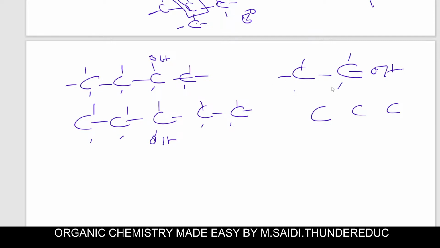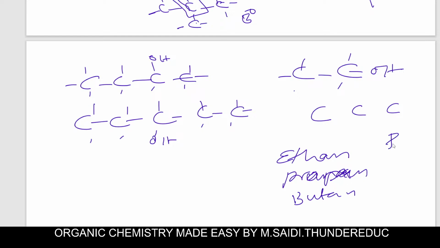We don't need to show the position. Don't waste time. It is eth. Remember, these alcohols don't stop on eth. It doesn't stop there. You have to go up to propan, and then butan. It stops there. It doesn't stop on but.